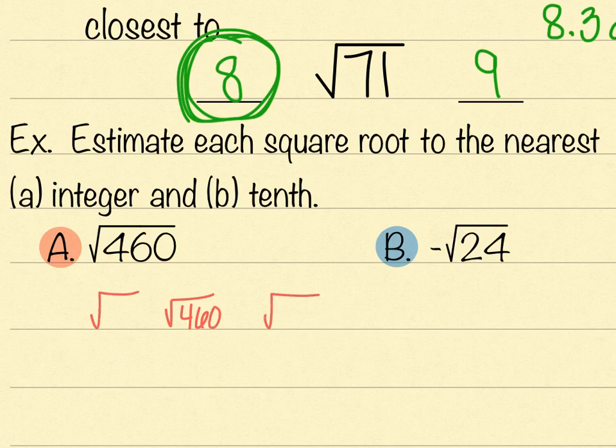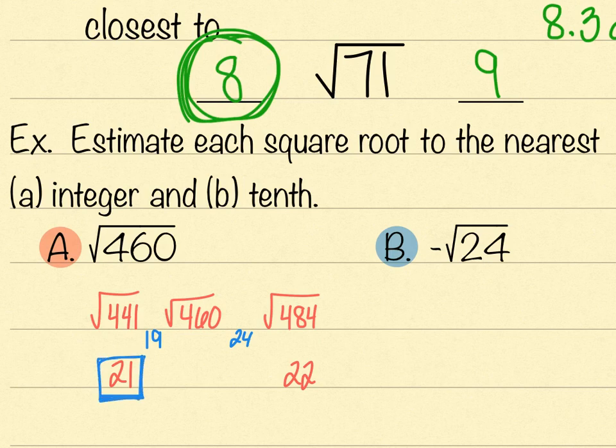One of the advantages of knowing your perfect squares, especially up to 25 squared, is that you would know it's going to fall between 441 and 484, which is between 21 and 22. Looking here, I can see that 460 is 24 units away from 484, and 19 units away from 441, so it's going to be closer to 21.